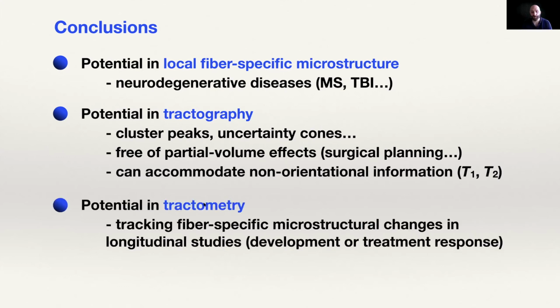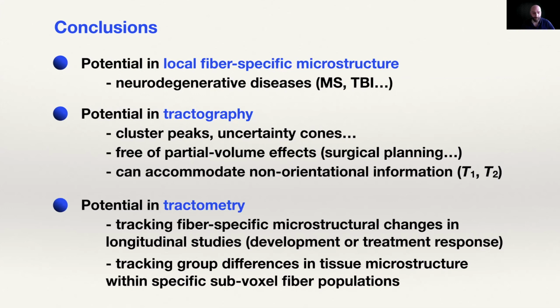Finally, in tractometry, which is a measure of metrics along tracks, you can track changes along certain tracks if you have development of the brain, aging of the brain, or if you're under treatment and you want to check if it's actually solving something along an affected tract.